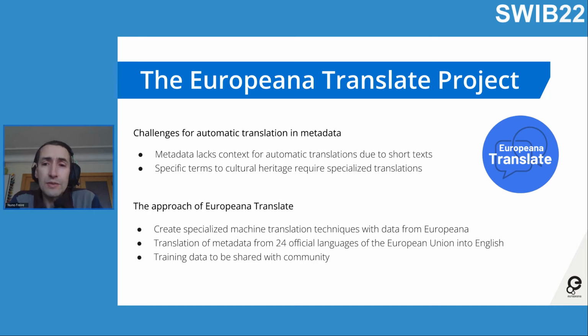There are also specific terms used in cultural heritage, which the machine translation needs to be trained for this particular context. So Europeana Translate is going to create specialized machine translation models for cultural heritage metadata.